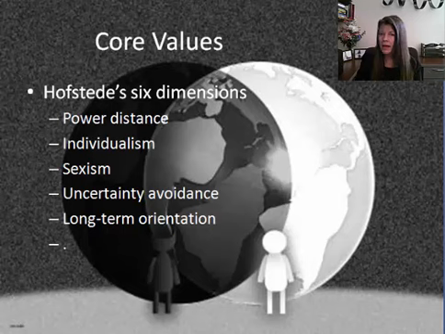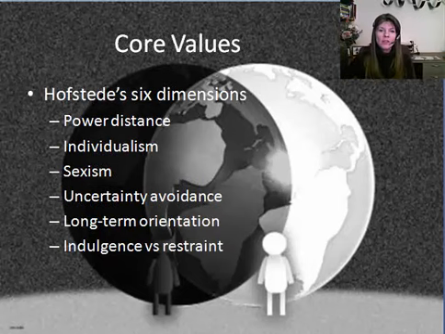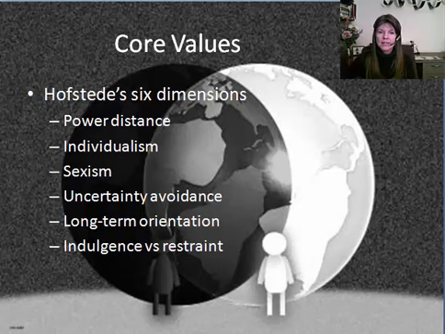Taiwan is high, as an example. Portugal is low. Now, indulgence versus restraint is an interesting one. The extent to which a culture encourages indulgence or regulation of needs and wants.